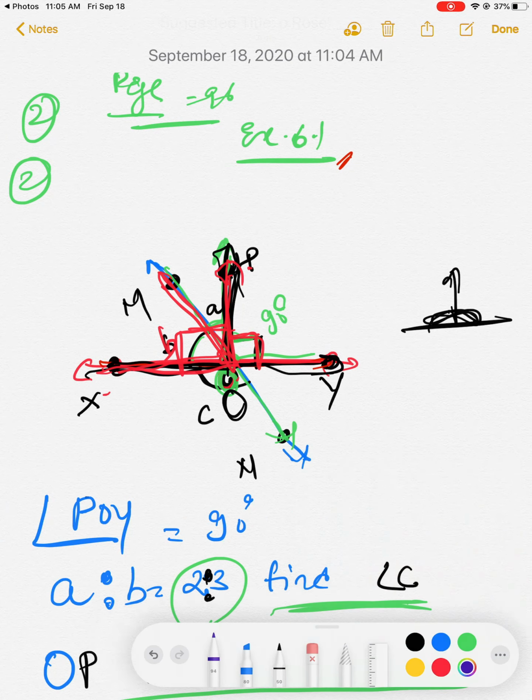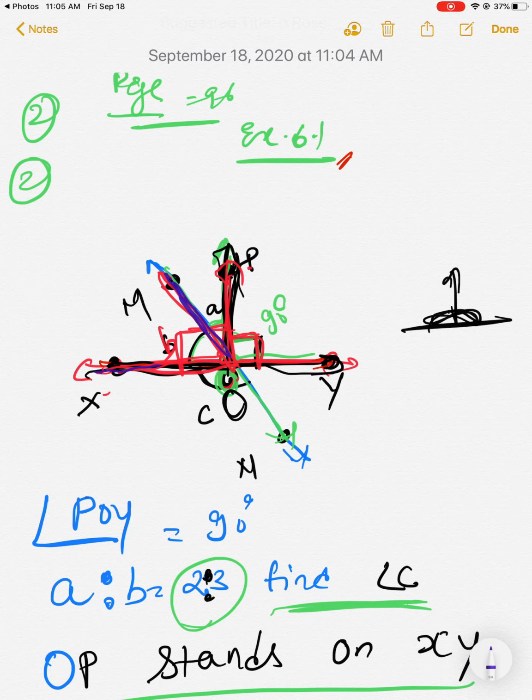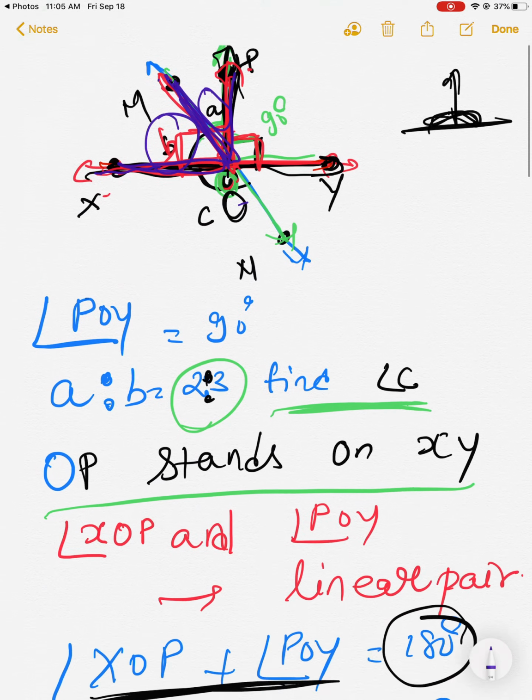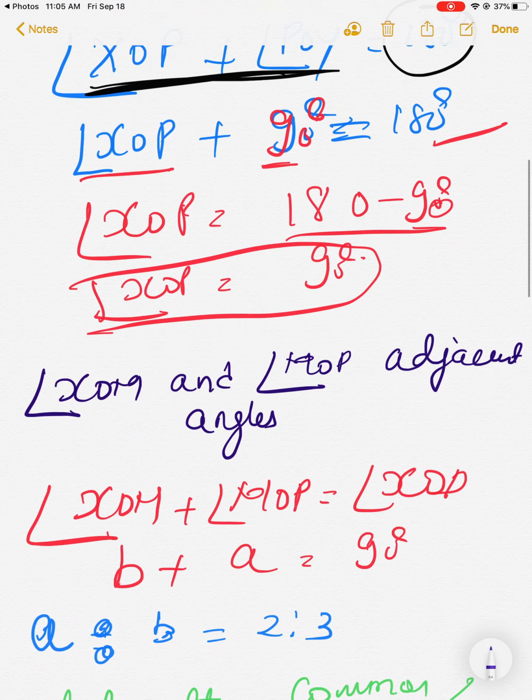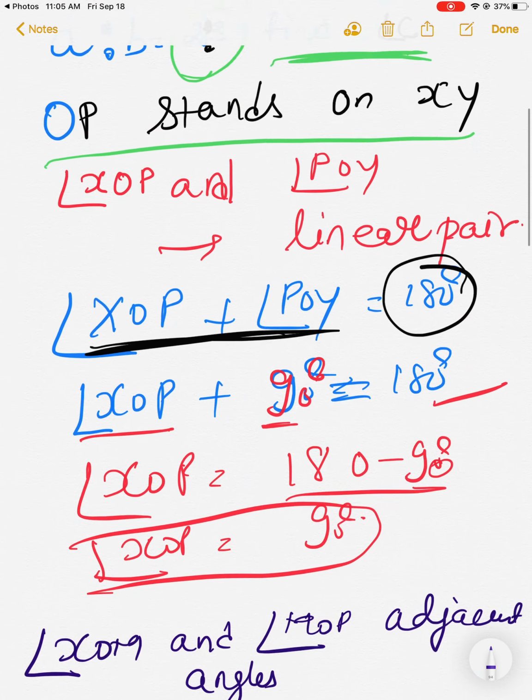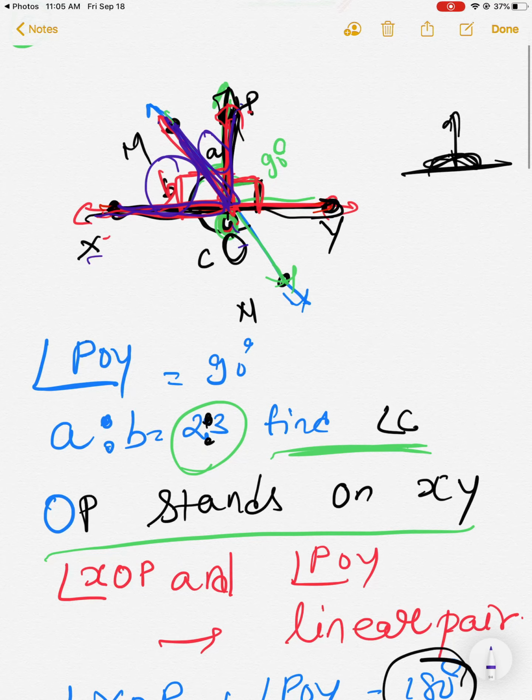With the violet pen I am writing MOX plus MOP, A and B. MOP is A and MOX is B. So A plus B is equal to angle XOP, or POX, same. B plus A is making POX, that is XOM plus MOP, or POM plus MOX.